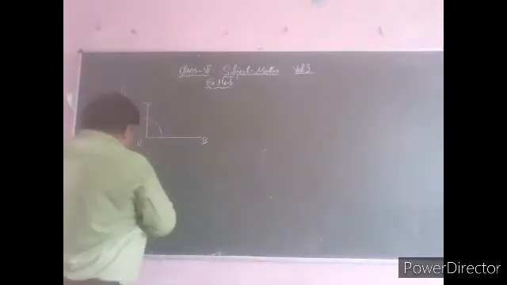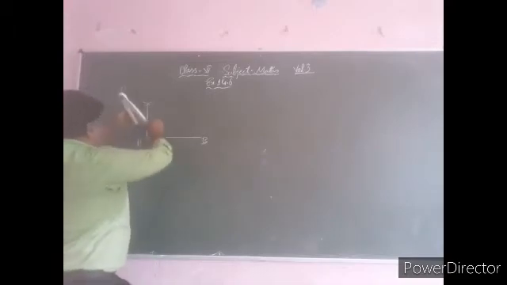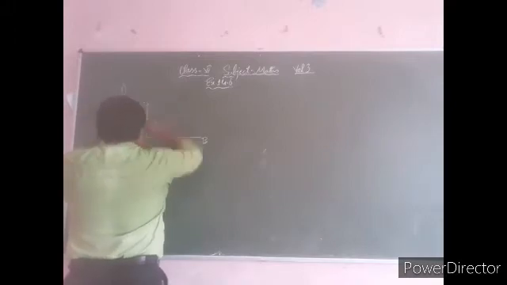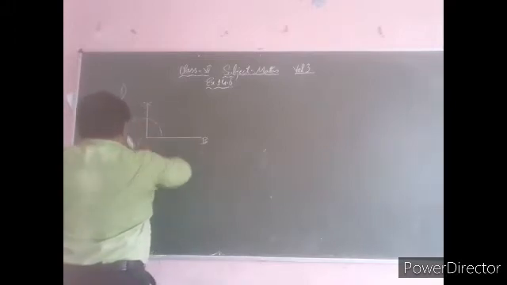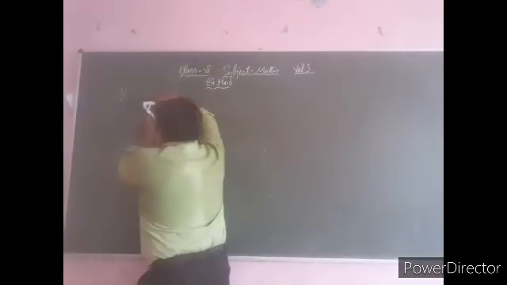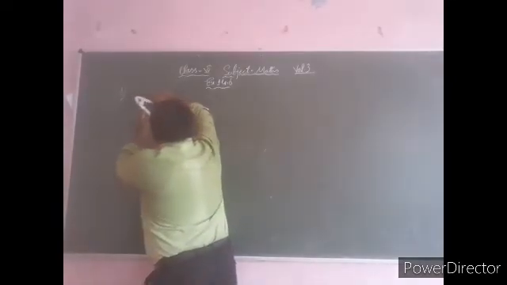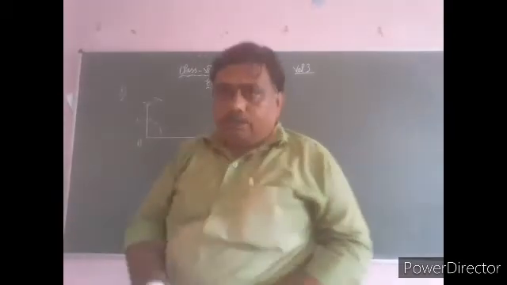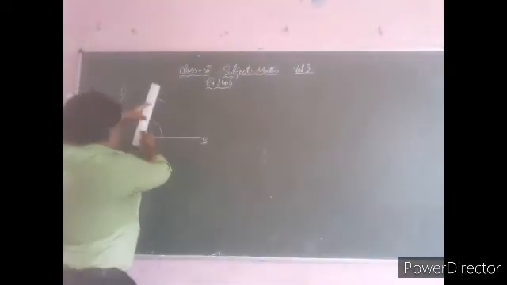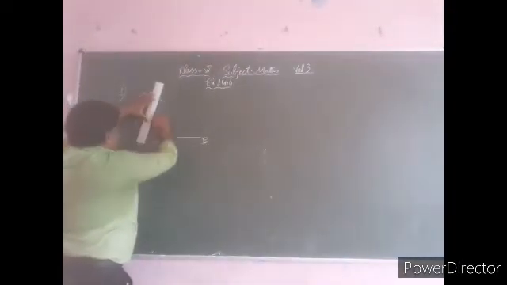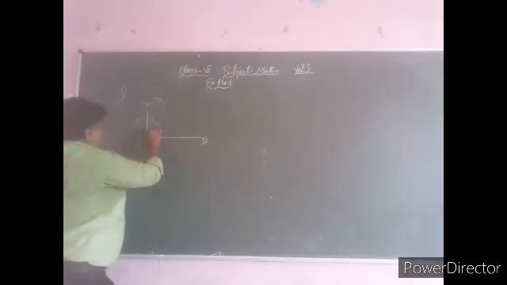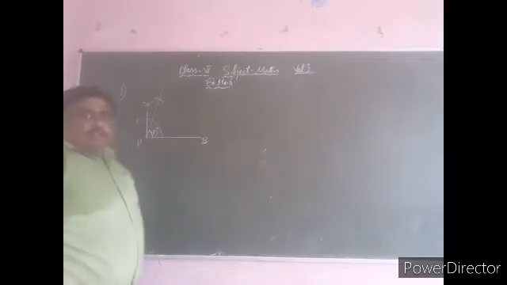So 60 plus 15 is 75. So of any radius, draw the arc in this way, and from here also draw the arc. So join. This angle will be 75 degree.